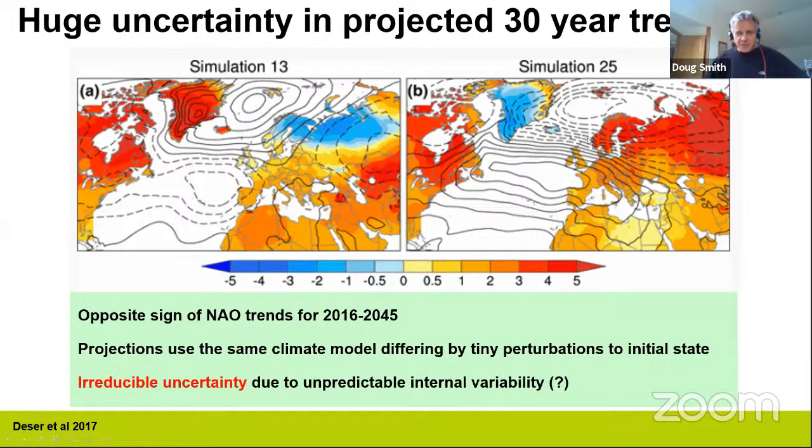The only difference between these two model simulations is tiny perturbations to the initial conditions. So the conclusion from these projections would be that there's huge uncertainty, and that this uncertainty is irreducible because it's due to unpredictable internal variability.